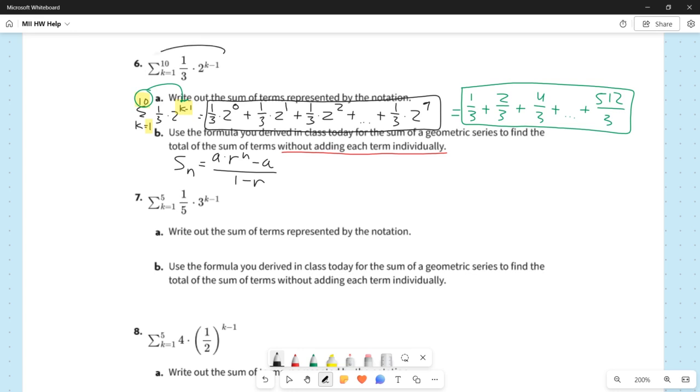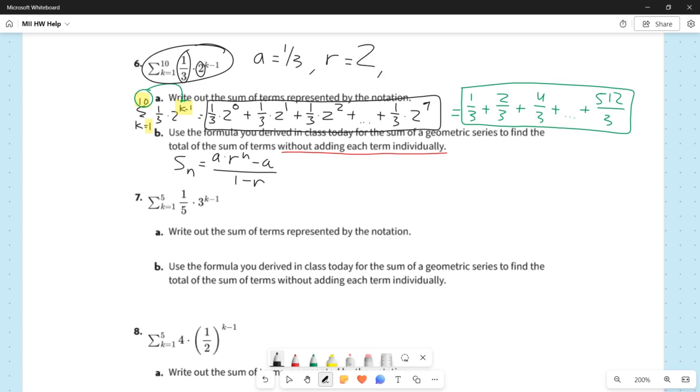So if I go back to my original sigma notation here, A is essentially the coefficient. It's this term right here. It's the 1/3. So A is 1/3. R is our common ratio. It's the thing that's getting raised to the exponent, which is 2.